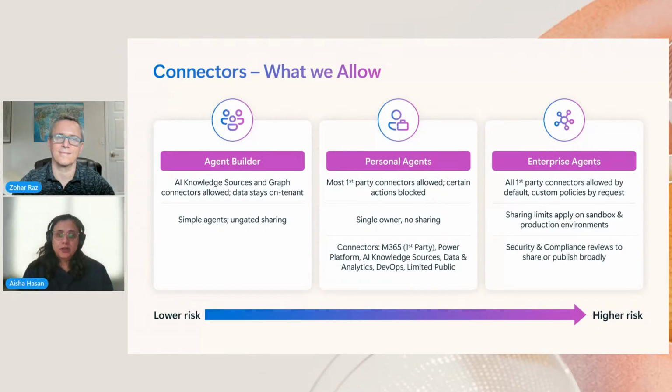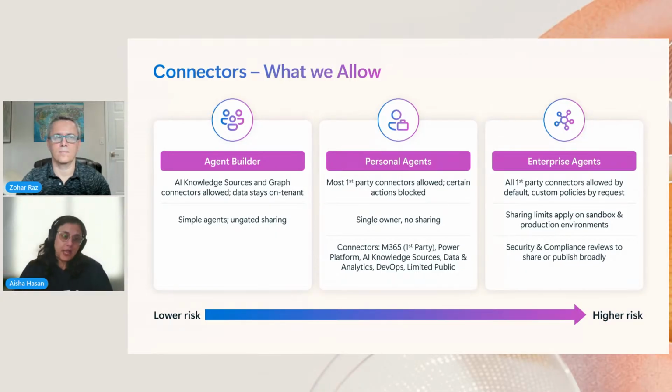And we have also started to allow multi-agent capability. These are still considered a little bit riskier, but we have sharing limits applied. So these are entirely personal agents, an agent that I'm building to solve a critical business problem or just to understand how I can create still a very, very powerful, impactful agent.